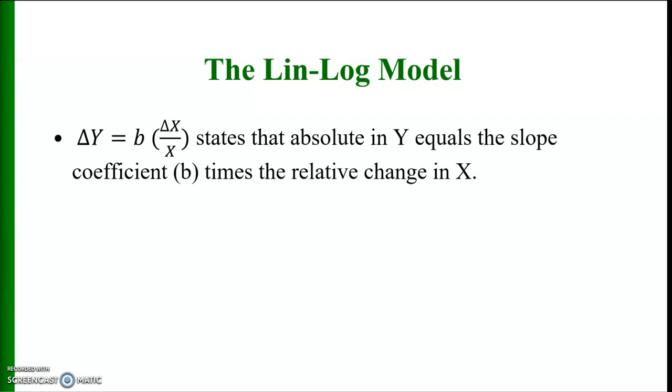If the latter is multiplied by 100, then the above equation gives us the absolute change in y for a percentage change in x. Thus, if delta x divided by x changes by 0.01 unit or 1%, the absolute change in y is 0.01 times the slope coefficient. If in an application we find that b is equal to 500, the absolute change in y is 0.01 times 500, and that is equal to 5.